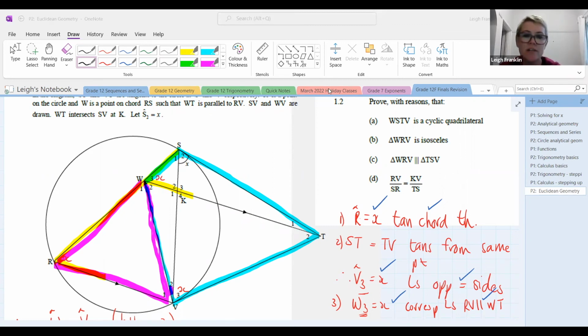Okay, so exterior angle of a cyclic quad is equal to the opposite interior angle. So W1 would be equal to angle STV, but we don't know anything about angle T.